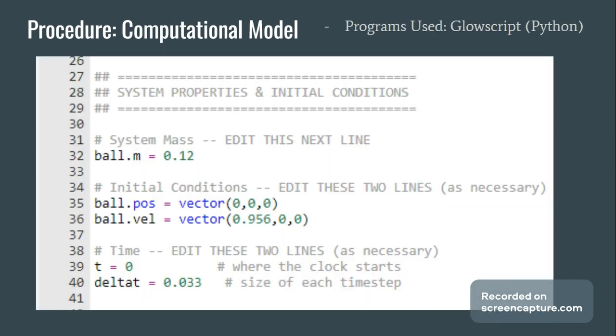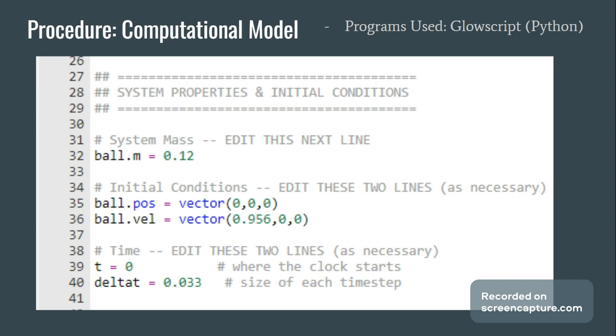And then for the computational model, I changed the code here so that the ball was the accurate mass, even though because we were using constant velocity, that didn't actually end up mattering. And then I found the initial position of my object from the experimental object that was computed by Tracker. So the X position was 0.